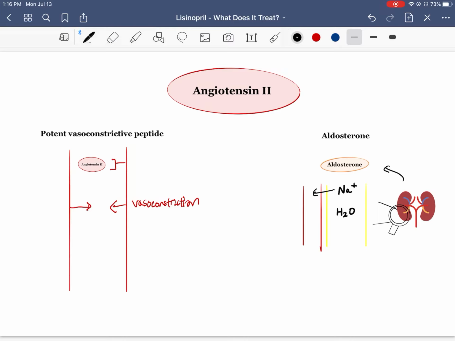As sodium enters the bloodstream, this also causes water to follow the sodium and enter the bloodstream. This increases the overall volume of fluid in the bloodstream, thus increasing the pressure in the blood vessels and thus increasing blood pressure.